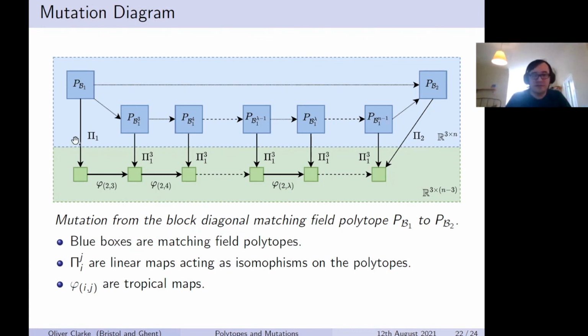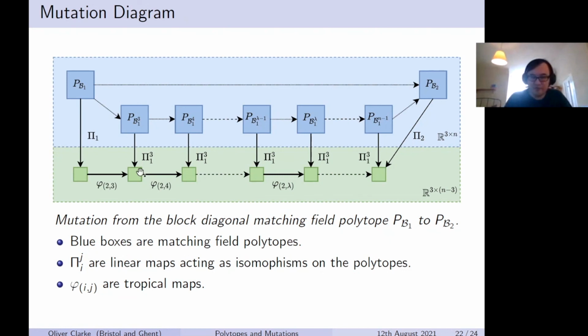So to make our life easier, we project our polytopes down to a space such that they become full dimensional, and in that space we can write down our tropical maps explicitly, and then we pull back to a new polytope.